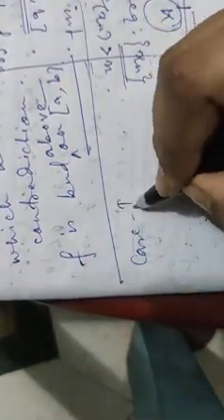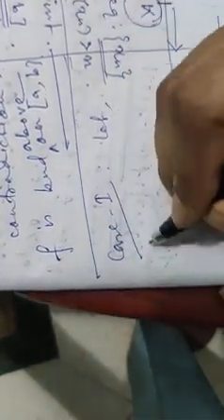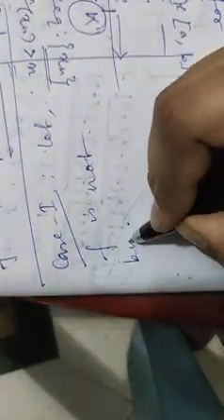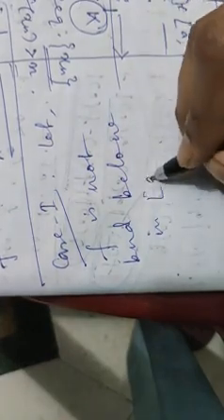Now moving to case 2. Let f be not bounded below in closed [a, b]. In that case we will consider g(x) equals minus f(x).